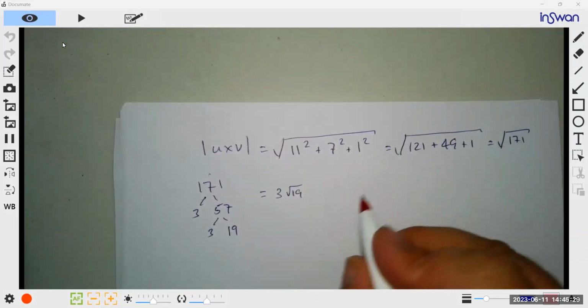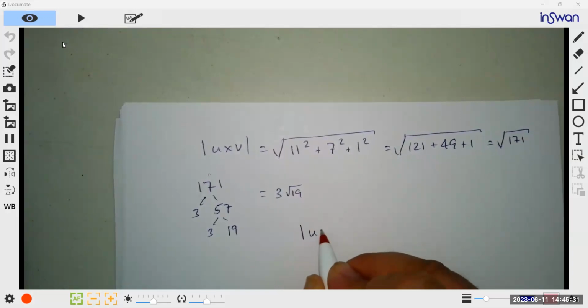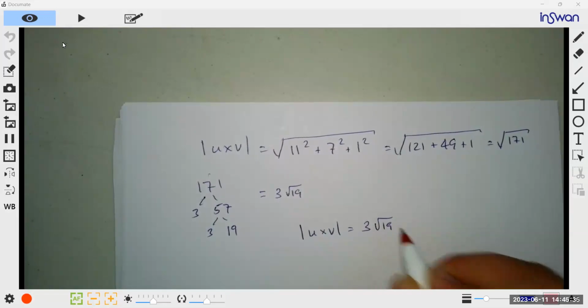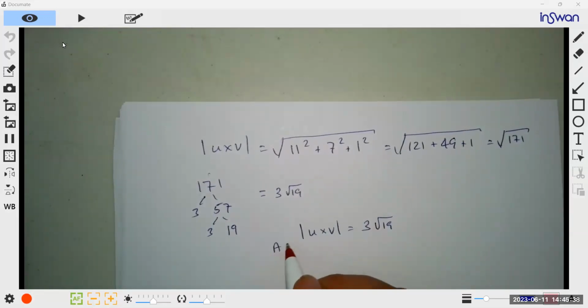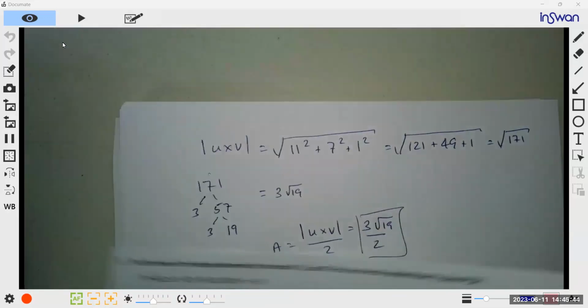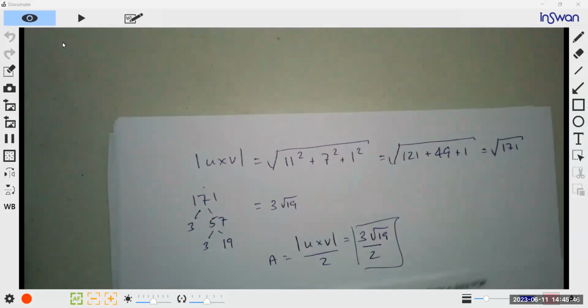So the U cross V magnitude is 3 radical 19. For the area, it's divided by 2. That's what it should be. 3 radical 19 over 2.